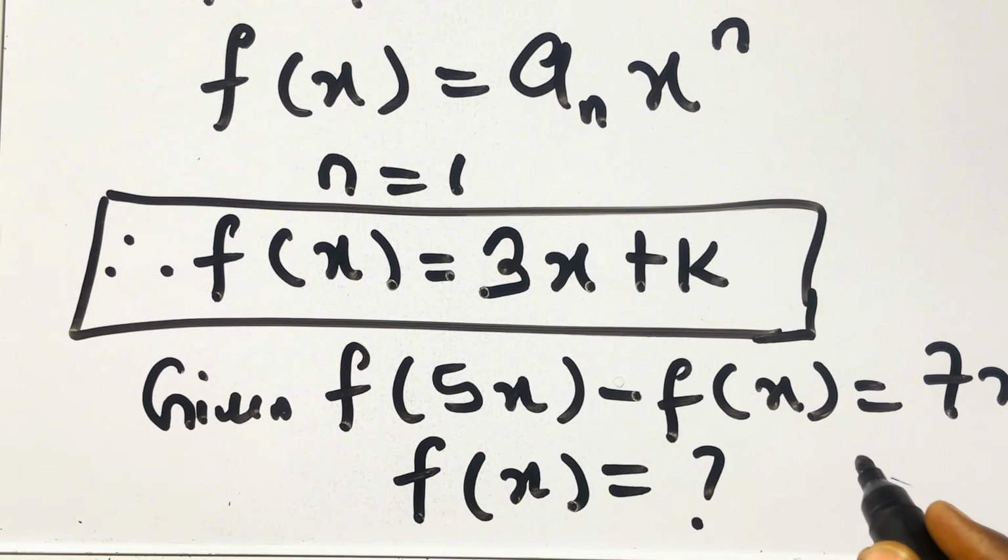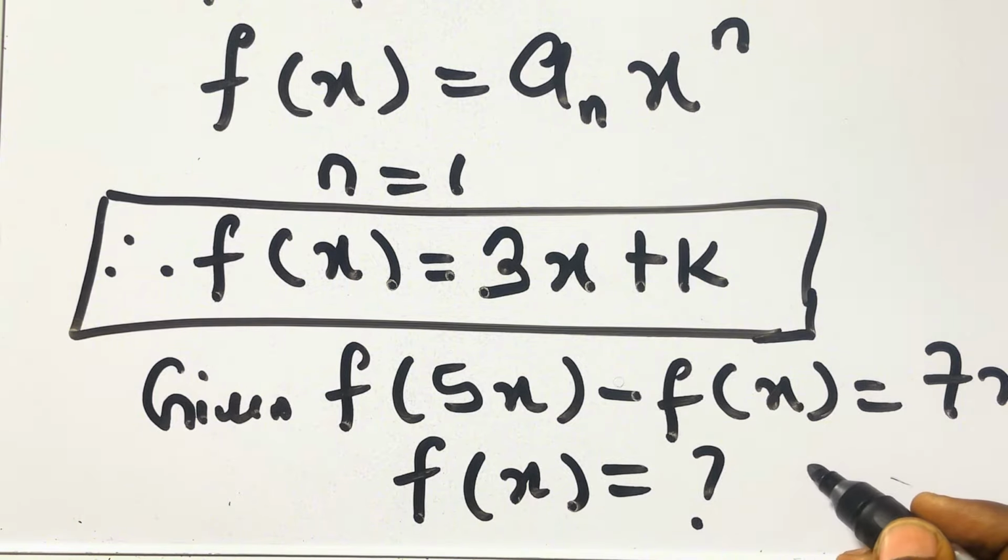You can use the same general formula that says f(x) equals a_n x raised to power n plus a_(n-1) x raised to power n minus 1, and it continues until we reach a_0. So solve this and drop your answer in the comments. We'll meet in the next video.